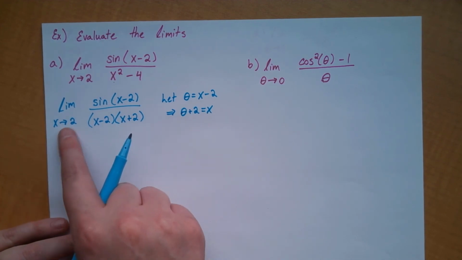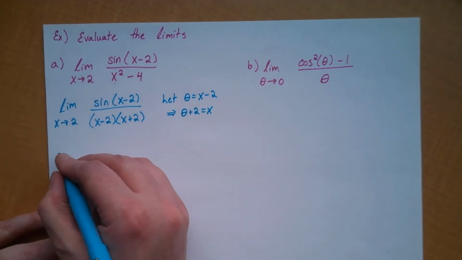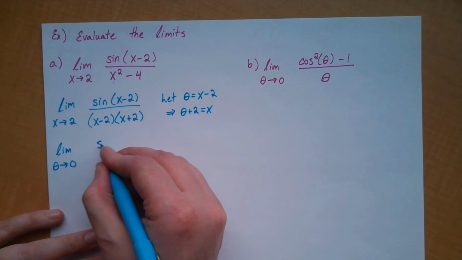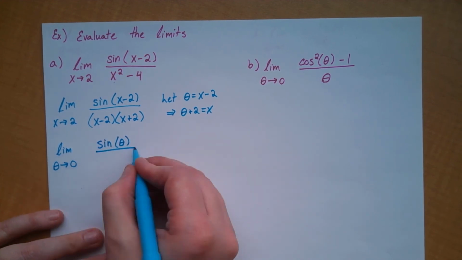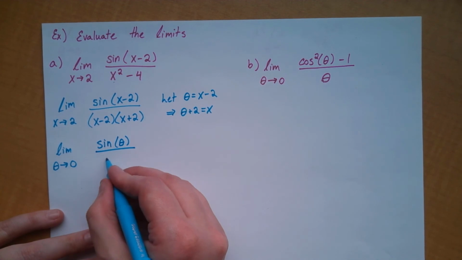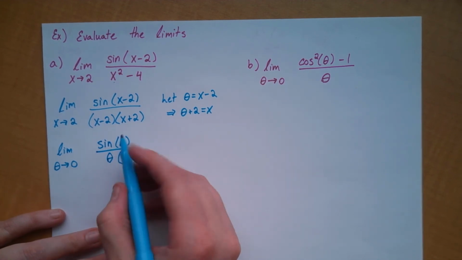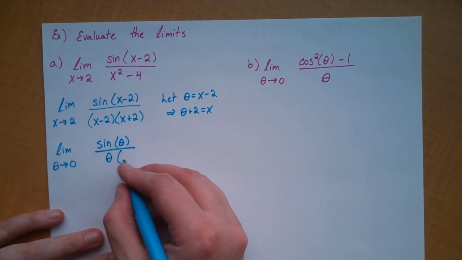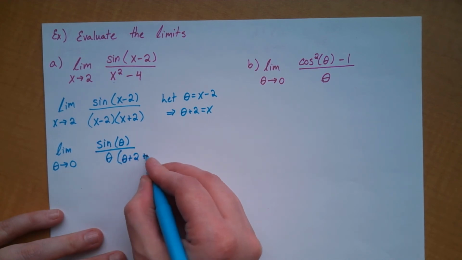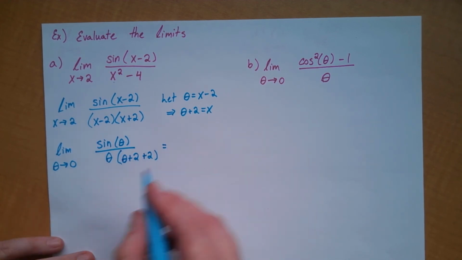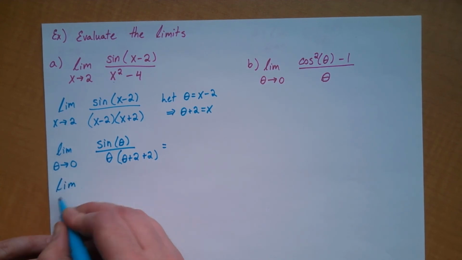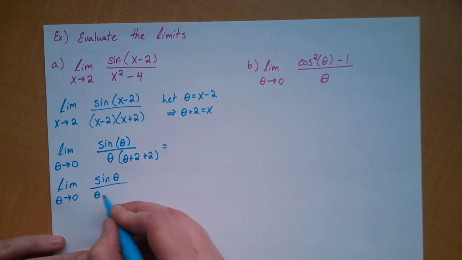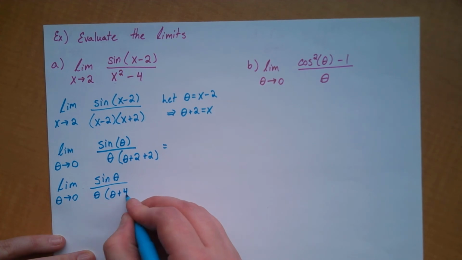So, as x approaches 2, what would my theta be approaching? Well, that means theta would be going towards 0, and I can rewrite this as sine of theta divided by, well, x minus 2, that's theta, times, well, I have x plus 2, and I can replace x with theta plus 2. So that would be theta plus 2, which would give me the limit as theta approaches 0 of sine of theta over theta times theta plus 4.